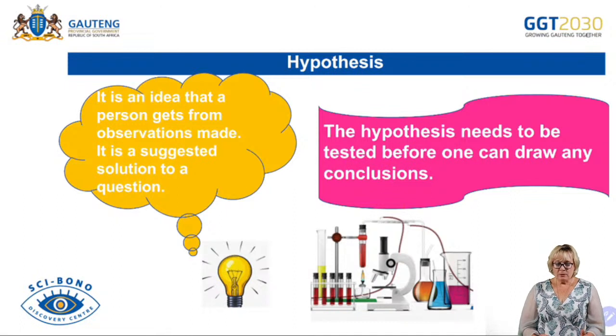The hypothesis needs to be tested before one can draw any conclusion. So you're going to do an experiment to test your hypothesis, and then your results will tell you, yes, you were right, your hypothesis is correct, or no, you are incorrect, because the results show that what you thought was the answer isn't the answer.